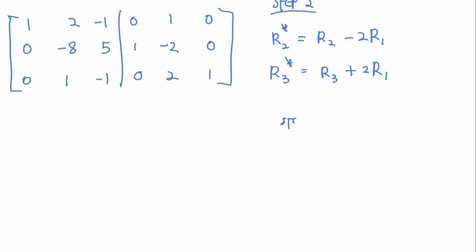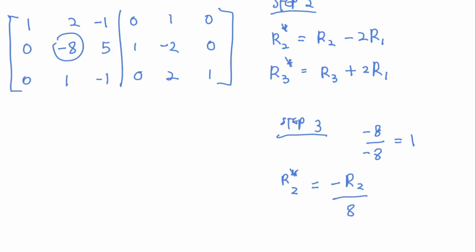For step 3, you want to obtain the element here into 1. Since it is negative 8, you divide by negative 8, you will get 1. So the new row 2 is equal to negative the original row 2 over 8.